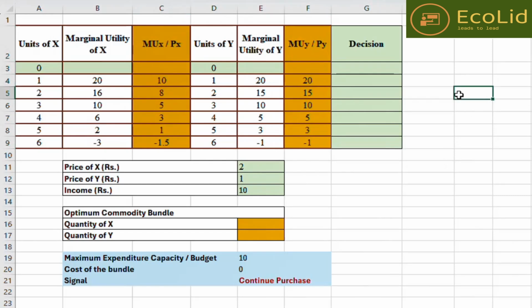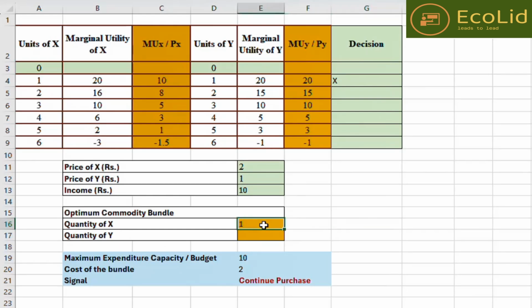Then we have to do the calculation for the quantity of Y. The decisions whether we will buy X or Y we will write in the decision column. So in the decision column, if we write X, then in the quantity of X it will be 1. So like that we have to calculate.